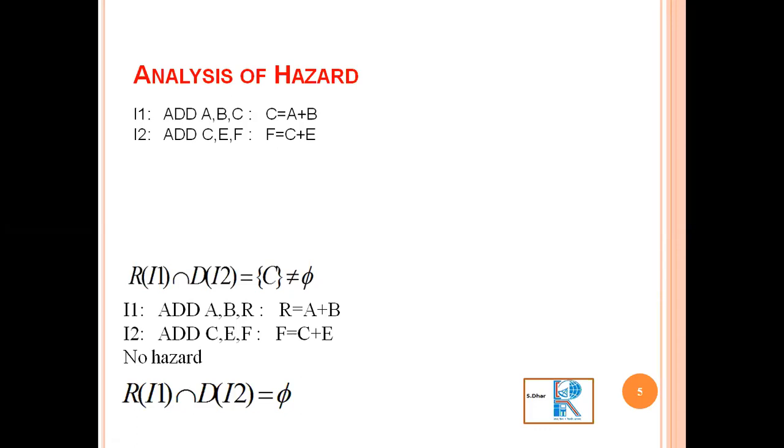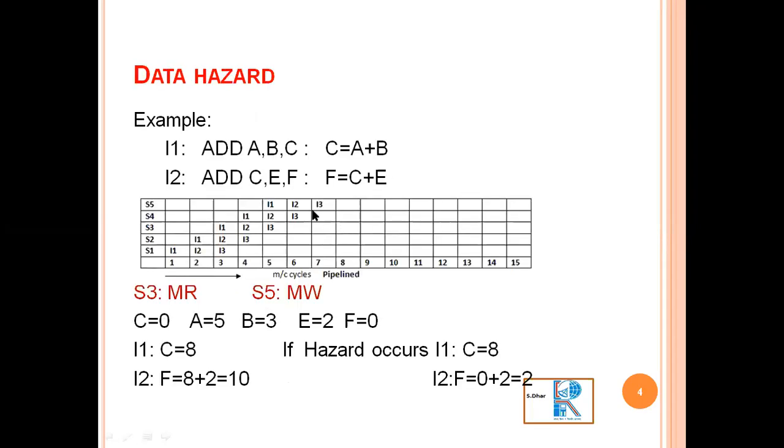See here, in the previous case, there will be no hazard if data is read after the write operation. Write operation is done in the 5th cycle. If data is read in the 8th cycle, that means after the writing of the data, there will be no hazard.